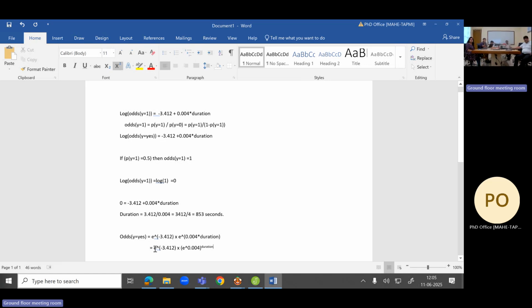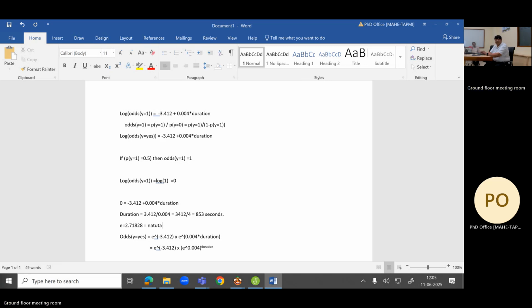In this expression, e is a constant value, 2.71828, the natural logarithmic constant.